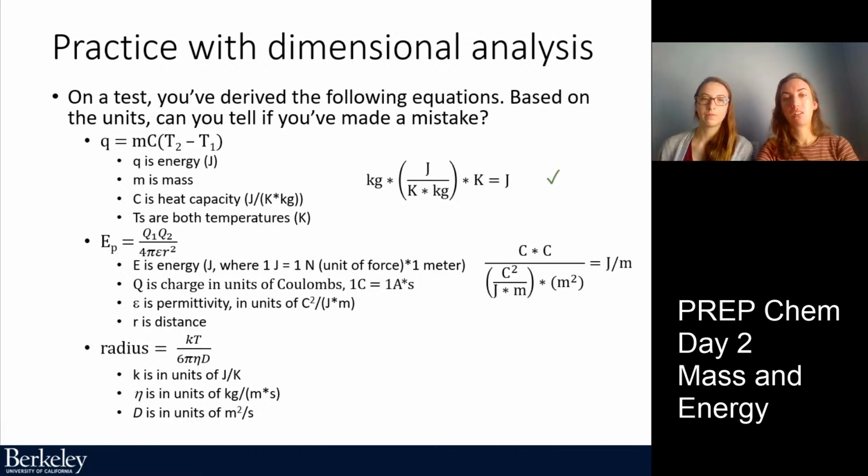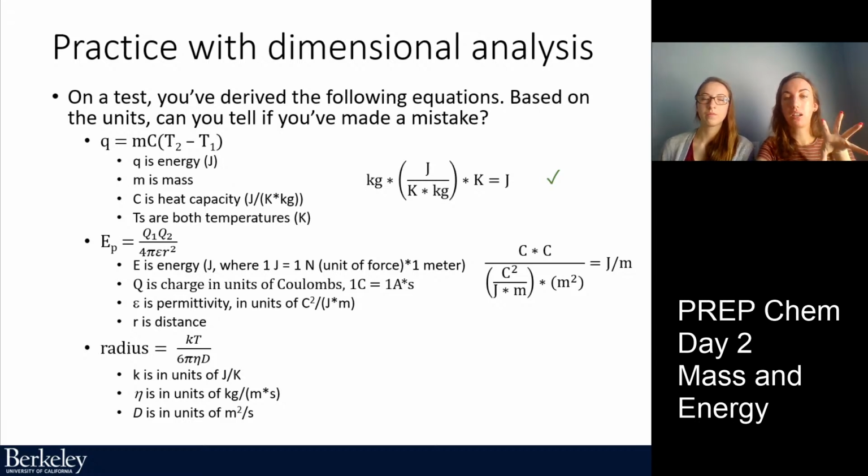So that one's right. Similarly with the next equation, we have coulombs times coulombs on the top. 4 and pi are both constants that have no units. And then for this permittivity thing, which it's okay if you don't know what that means, that's the beauty of this technique: you don't need to know where these variables came from, you just need to know their units.